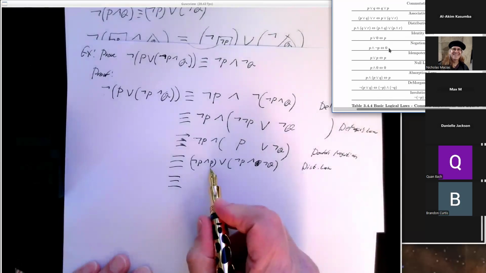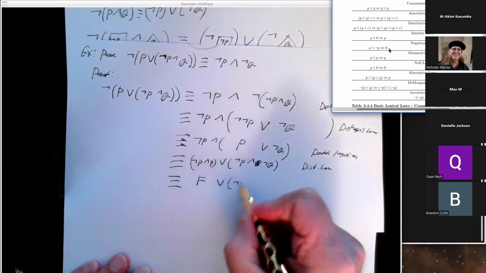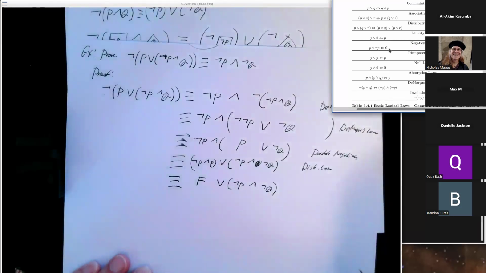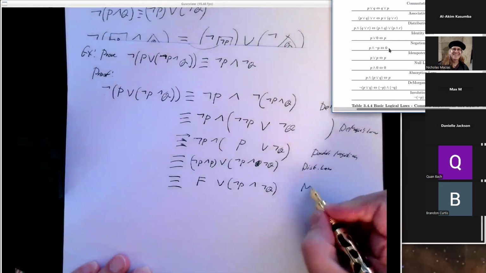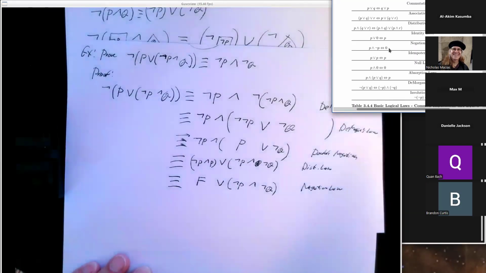So not P and P, we can replace that with false. And that's the negation law. Yeah, and or would be true. Exactly.